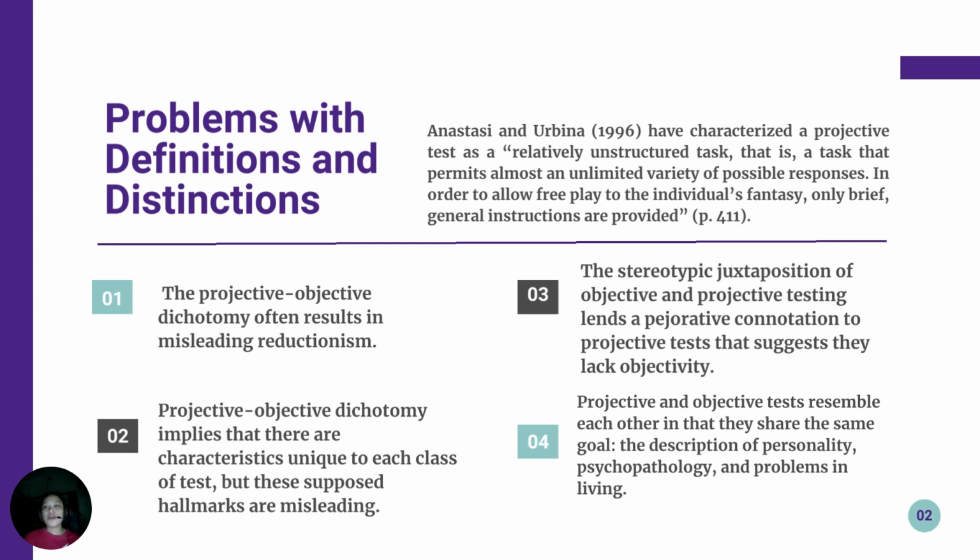Now, some psychologists treat the characteristics of each class of instrument as mutually exclusive or as polar opposites. For example, because objective tests are thought of as unbiased measures, projective tests by default are assumed to be subjective.